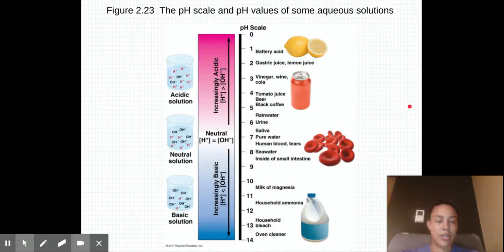So here's that pH scale. The question becomes, well, how is it possible that we have our stomach acid, right? That's super acidic, but we have stomach cells that live there. How is it that they survive? Well, honestly, they don't really survive that long.